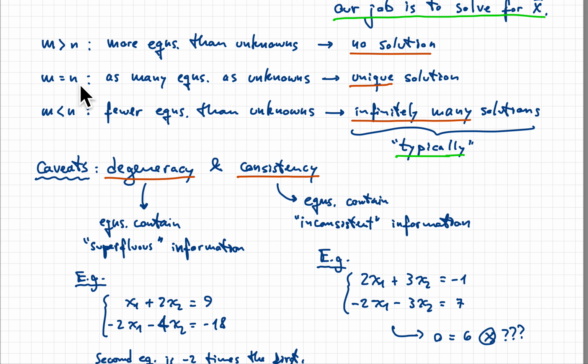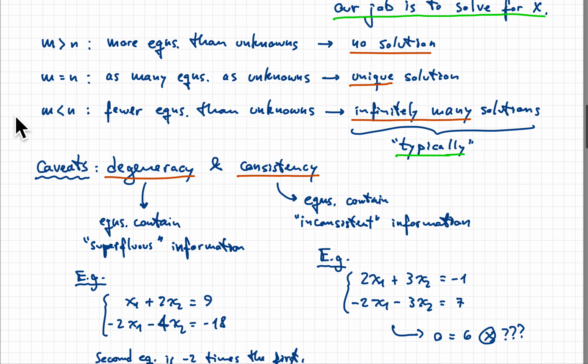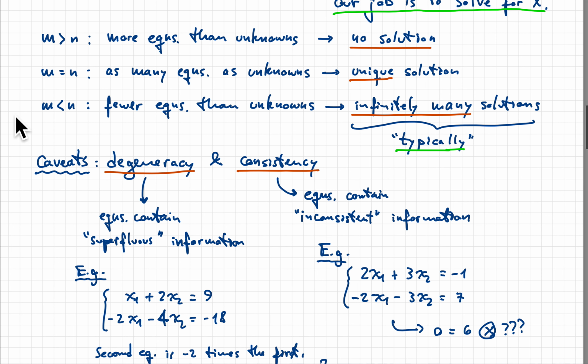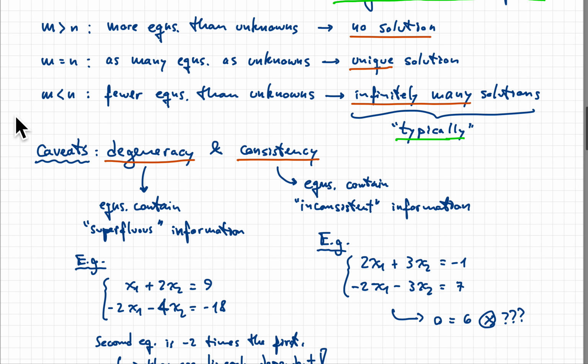Similarly, in this m equals n case, you may have some extra equations that don't really tell you anything new, and so in reality, you're looking at an m less than n case once you remove all those extra equations, and you may be in a situation where you actually have infinitely many solutions. So you have to be mindful of that, and there are ways to do that, and we will learn about those in upcoming videos.